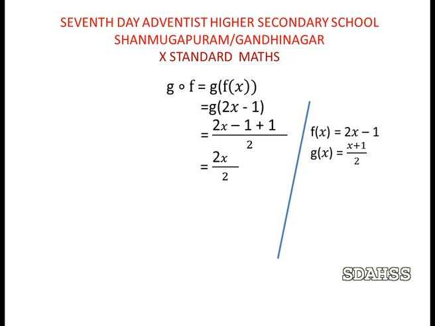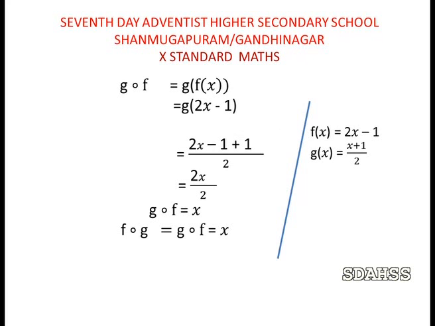So it becomes (2x minus 1 plus 1) divided by 2. In the numerator, minus 1 plus 1 cancelled. Now you have 2x by 2. Cancel the numerator and denominator by 2. Then you have x. G dot f is equal to x.